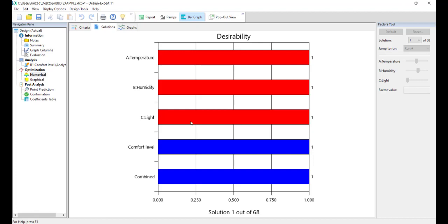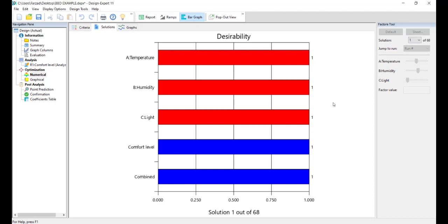As temperature is increased, we have a higher comfort level, for example here, and desirability for that is one.